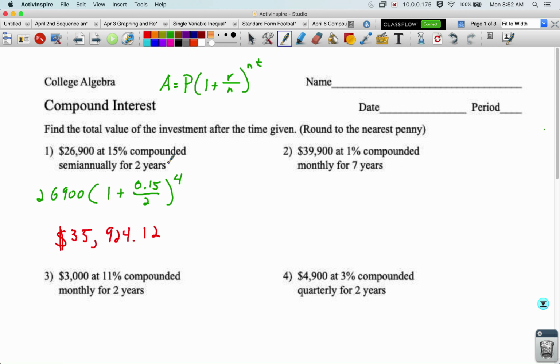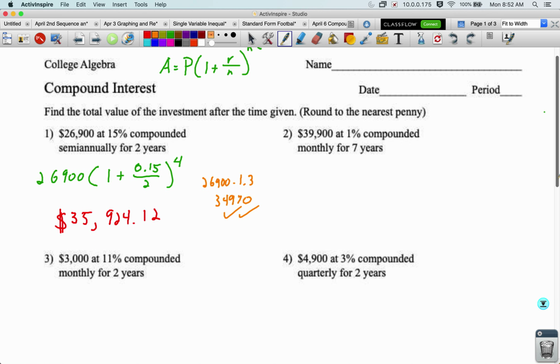Now a way to double check this is to say, 15% for 2 years is basically like getting 30% once. So I'm just going to do a simple interest calculation, 26,900 times 1.3, which gets me 34,970. This should be more, but not that much more. So it checks out.